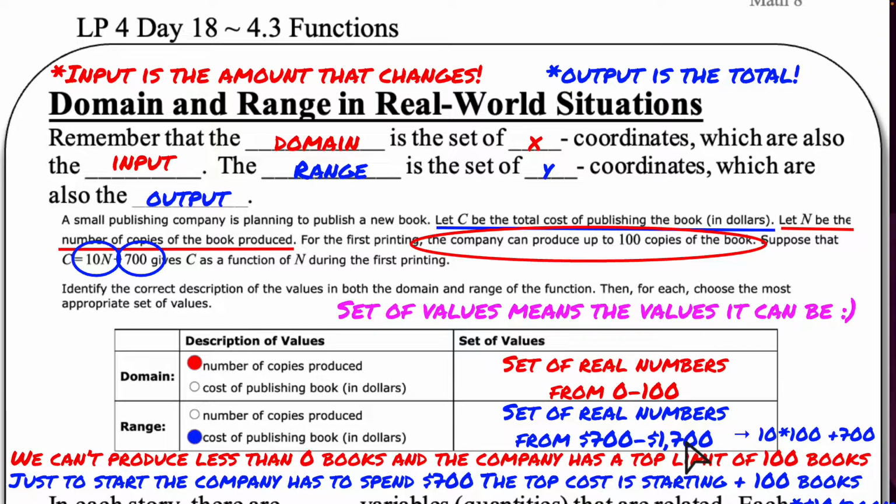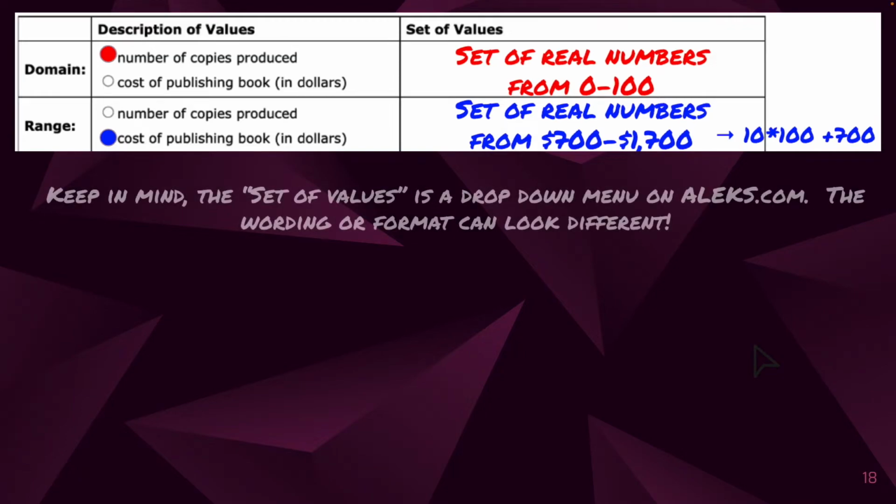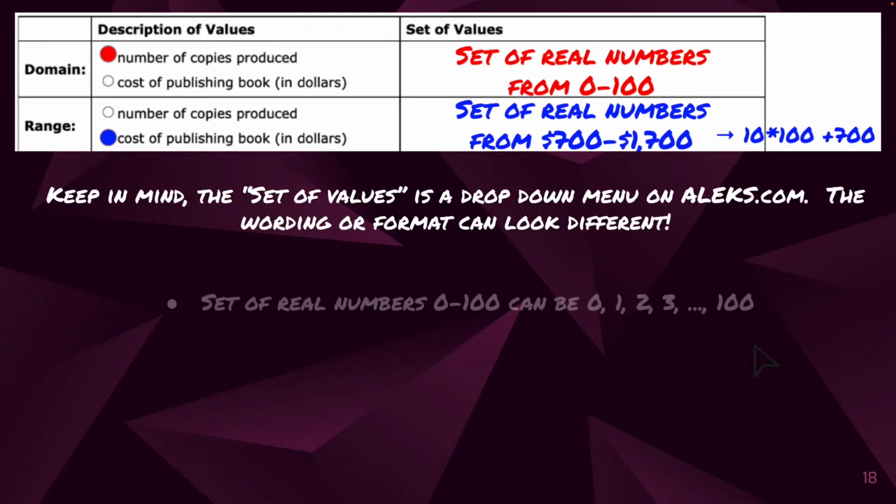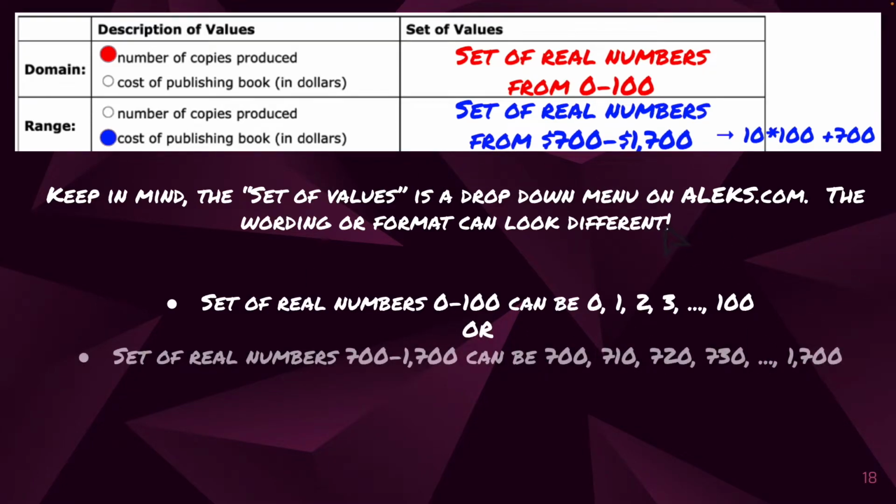So a little bit more involved when we're looking at a real world situation and we're breaking it down like this. So let's see. If we're looking at this one, keep in mind the set of values is a drop-down menu on alex.com. The wording or format can look a little different. So sometimes it'll look just like this, the way I did it. Or it can say the set of real numbers 0 to 100, or it can be 1, 2, 3 with commas, 0, comma 1, comma 2, and then ... 100.